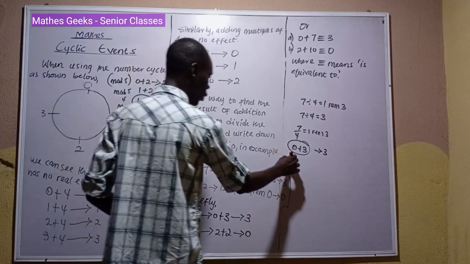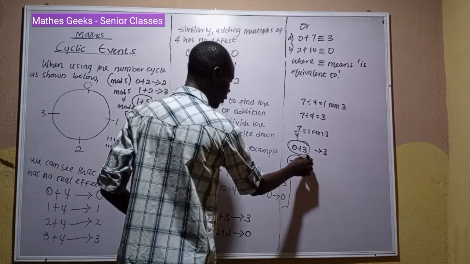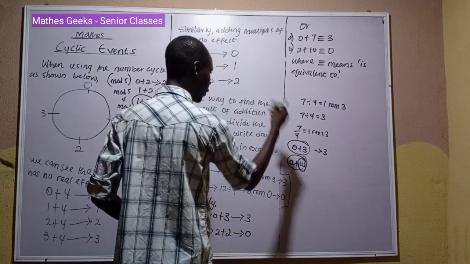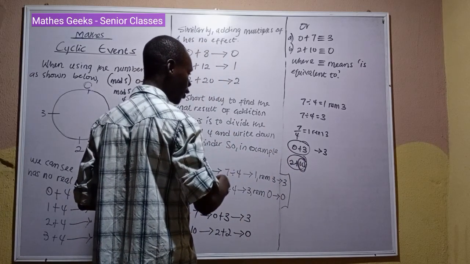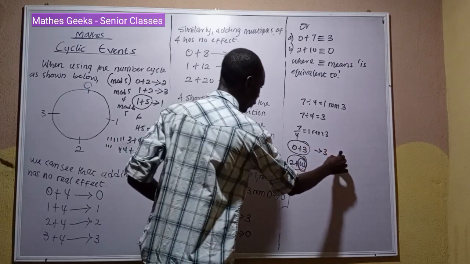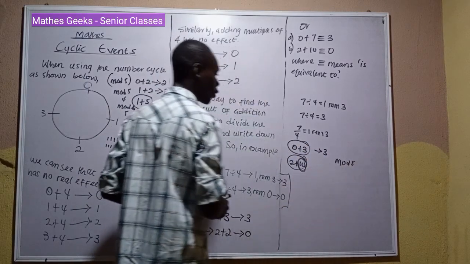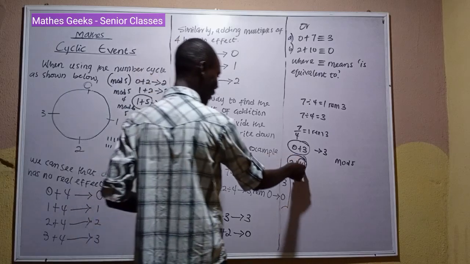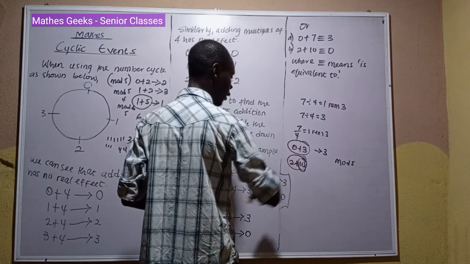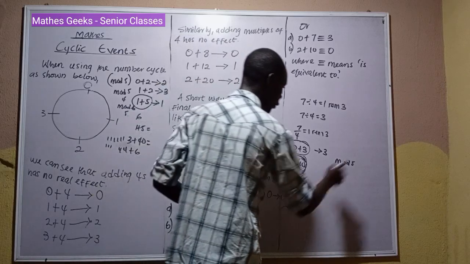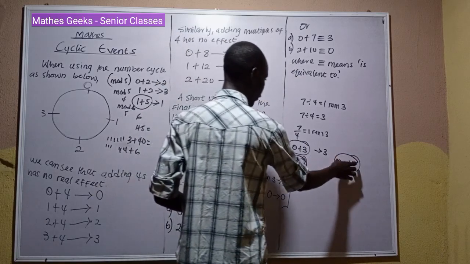Same thing here, 2 plus 10. Instead of adding first and then dividing, since this one is bigger than the number on which we are carrying out the modular arithmetic operation, which is mod 5, the highest number is supposed to be 4. But now that it's 10 and it's bigger than 4, we're going to divide the bigger number by 4.